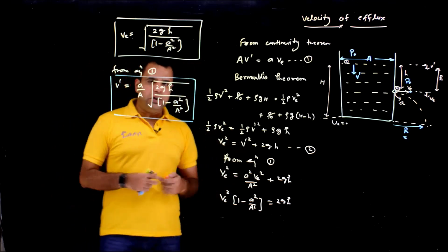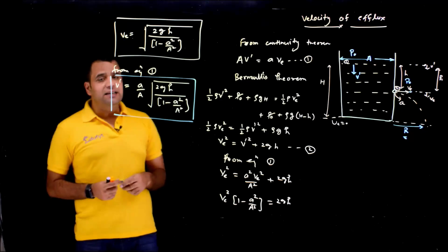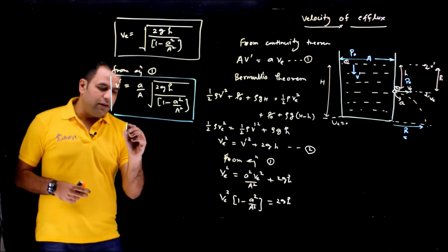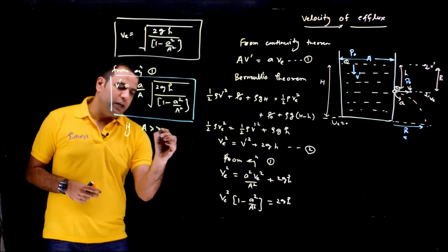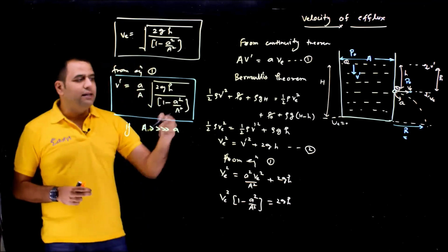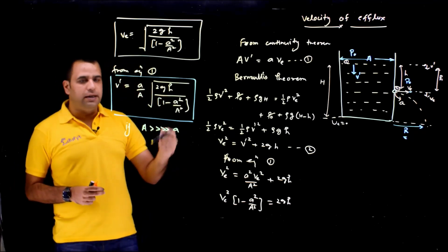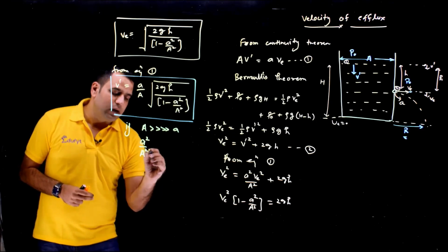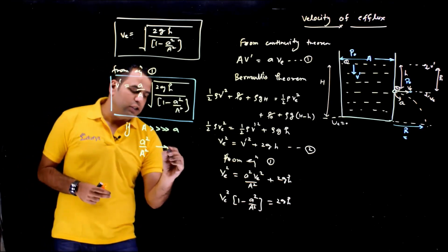Because in the majority of cases, this capital A is quite large compared to small a. If capital A is very, very large compared to small a, then we are getting this term of small a square upon capital A square, which I can assume to be 0.